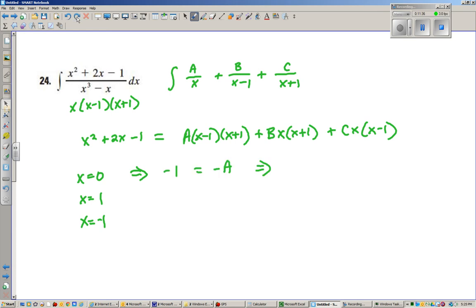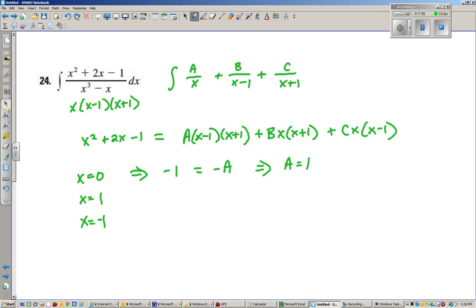And if we go to the right side and we put zeros in, well, these two terms will drop out, and all we'll get is a negative 1 times a. So if negative 1 equals negative a, then that suggests that a has to be equal to 1.